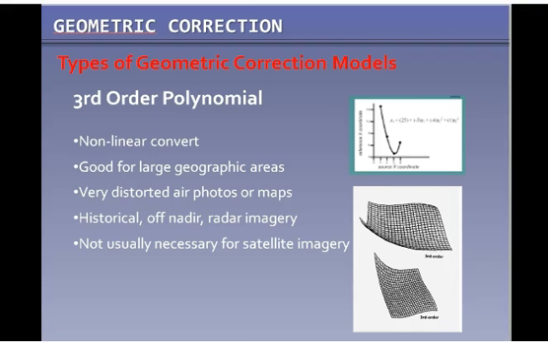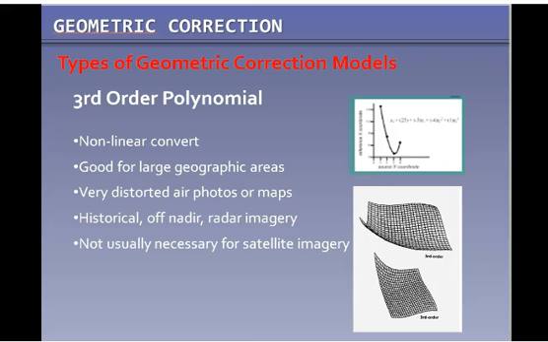The thing to be aware of, though, is that sometimes if you don't need it, if you don't have this much distortion in your image, this can actually result in a false sense of quality to your geocorrection, because the more you warp, the more likely you are to have your GCPs, those ground control points, line up. And so with each order of polynomial that you go up, you're essentially forcing that fit a little bit better, but it doesn't mean that it's correct across the entire image.